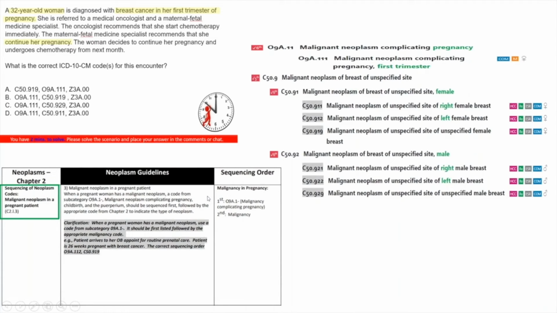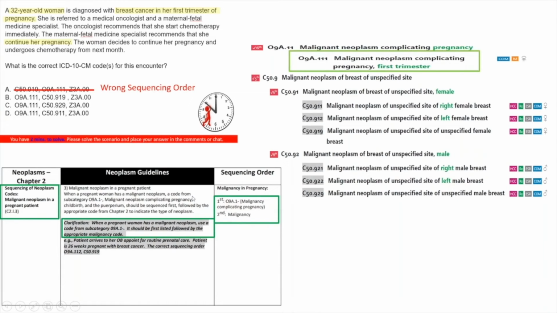So when a pregnant woman has a malignant neoplasm, a code from subcategory O9A1 should be assigned first, followed by the code for the malignancy. Once again, with the help of this guideline, I can eliminate option A because of wrong sequencing order.